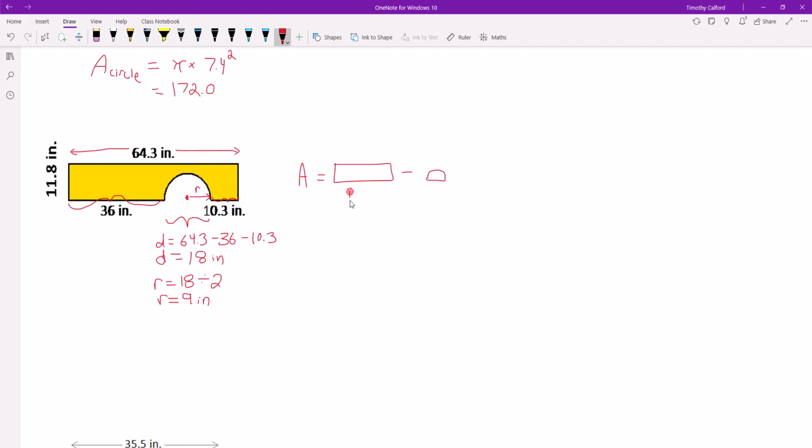So again, this is a length times width. But a semicircle, remember, is half of a full circle. So it's just like saying pi r squared, but we would divide it by 2 because it's a semicircle.